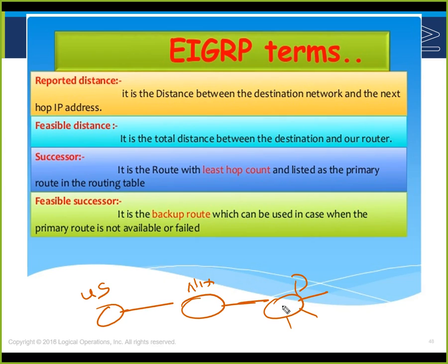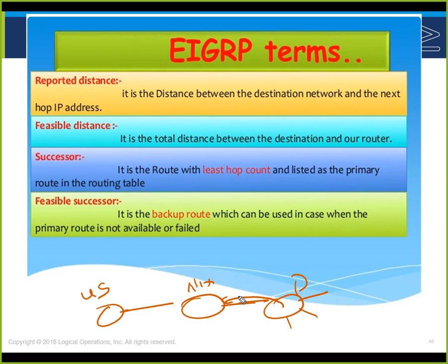So it tells this guy what its bandwidth and delay is, and that is the reported distance. Reported cost might have been a better term, but reported distance is what the next hop device tells us its cost is to get to the destination.